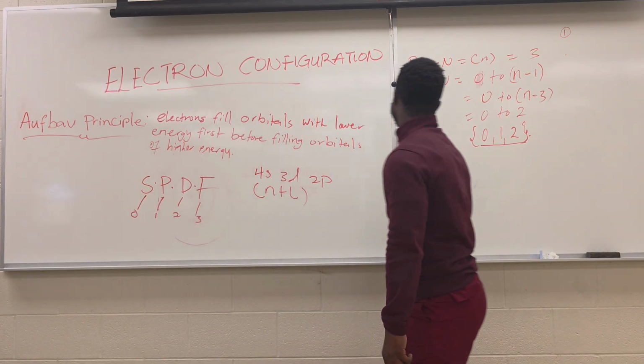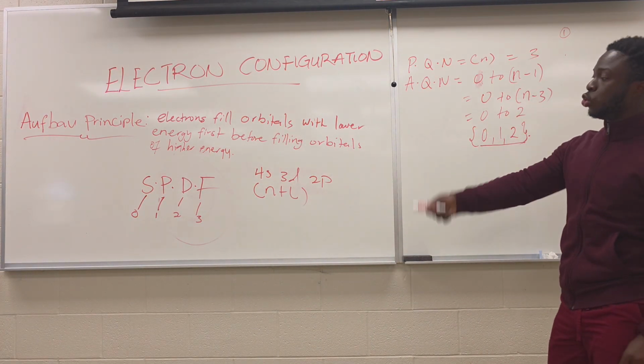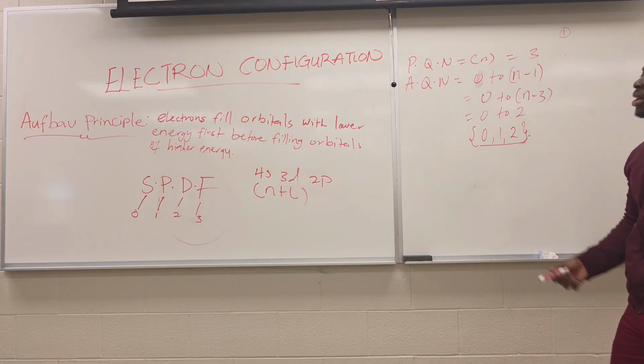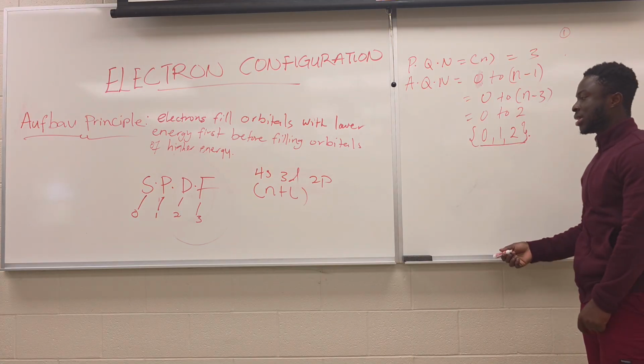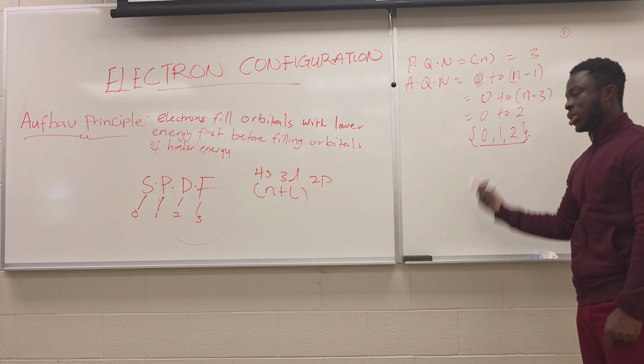The 1 represents the p subshell, the 2 represents the d subshell, and the 3 represents the f subshell, right?